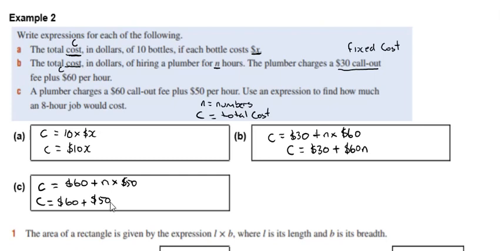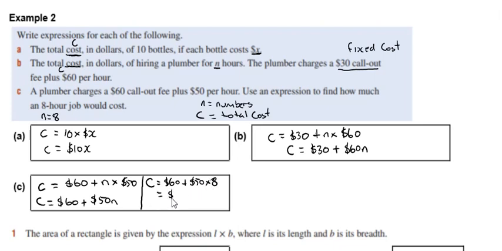$50N dollars. Now, the second part of this question is, well, how much would an 8-hour job cost? Well, for an 8-hour job, we just have to replace the N with 8. So we have C will equal $60 plus $50 times 8.